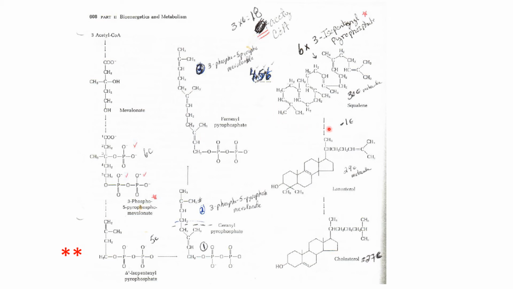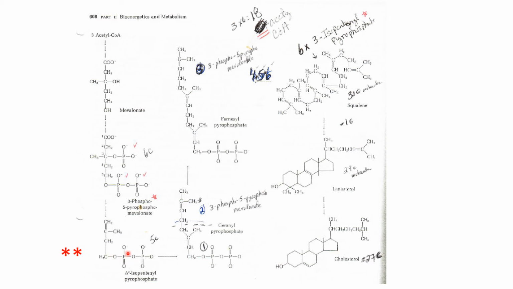And to make this molecule right here, which is starting to look like a steroid, and its name is squalene, lo and behold, it's got 30 carbons. Now remember we had 5 carbons here. That's why I have a 5C here.